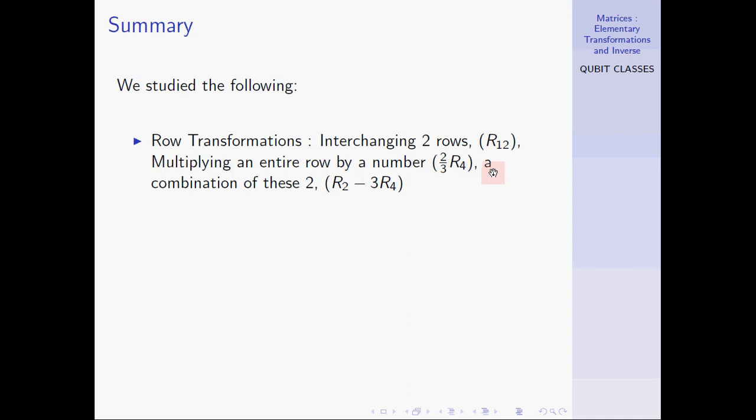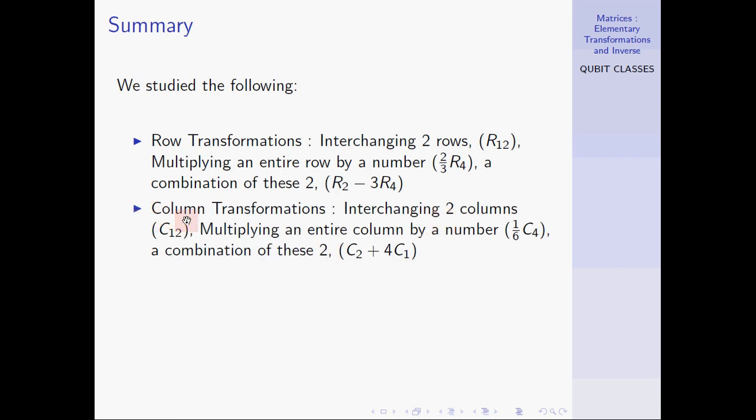And the third operation is a combination of these two operations, which is R2 minus 3R4. In this operation, we will take an element in R2, we'll take the corresponding element in R4, and we will subtract this product, 3 into the corresponding element in R4, from the corresponding element in the second row.